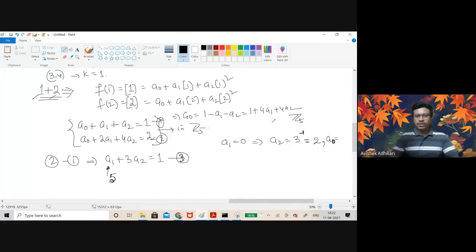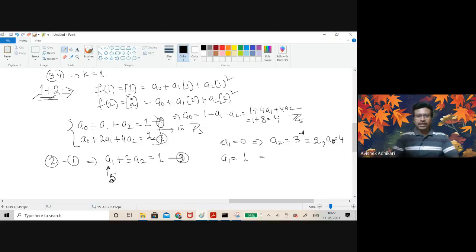So a1 value is 0 and a2 value is 2, so 1 plus 8, that means 9, that means 4. In that case, a0 will be 4. See, a0 is not certainly 4. But if you guess a1 equal to 1, then you will get some other value. Similarly, only when you guess a1 correctly will you get a0 equal to 1.